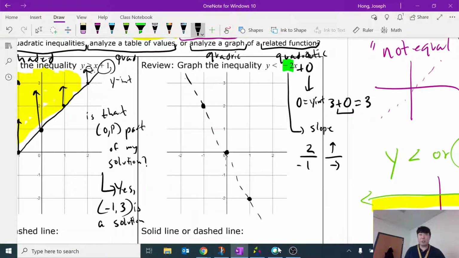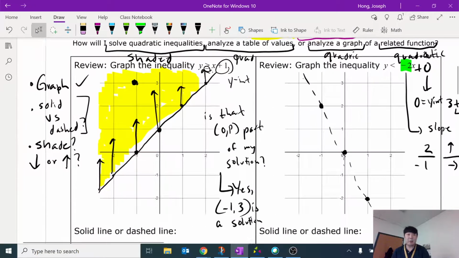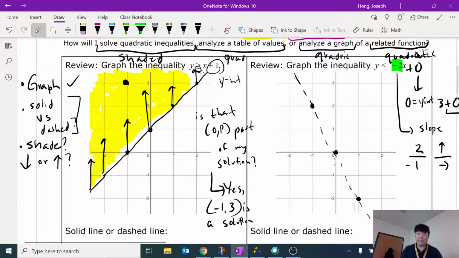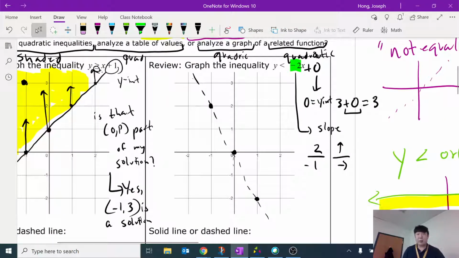So, next question. I asked myself the way that I draw my line, and now I have to ask myself the way that I shade. So, the way that I shade, because my inequality is facing away from my y, so this is red, as y is less than -2x, do I shade up or down?